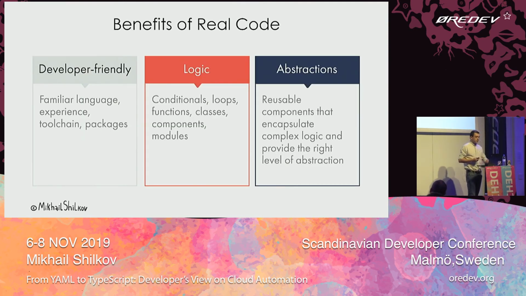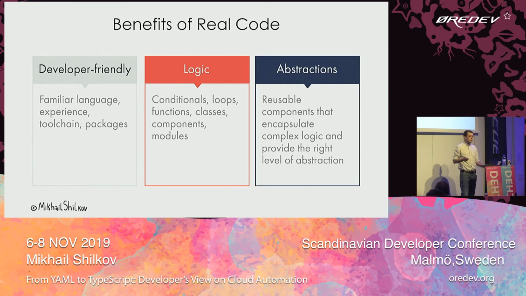So what are the benefits of real code? Well, you don't have to learn any new languages. You just use the language that you are hopefully used to, if it's in the list from before. You use package managers. You still use the same compilers, linters, IntelliSense, whatnot. You can also use other libraries that you find fit. I will give an example later.